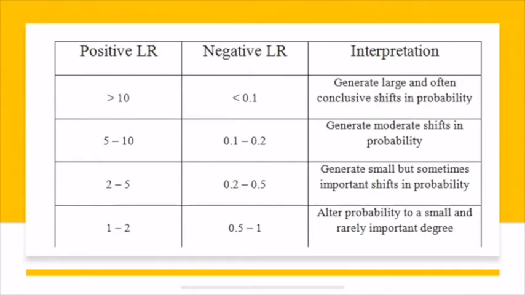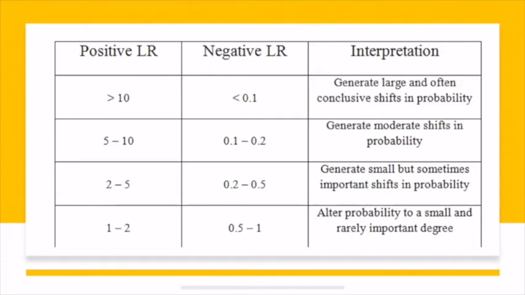So again, we're going to look at things from a few different angles to help you understand likelihood ratios. As I said, a positive likelihood ratio, we want it to be high. In other words, we want it to be way more than 1. When we have a positive test, we want high confidence that the person has the disease, okay?